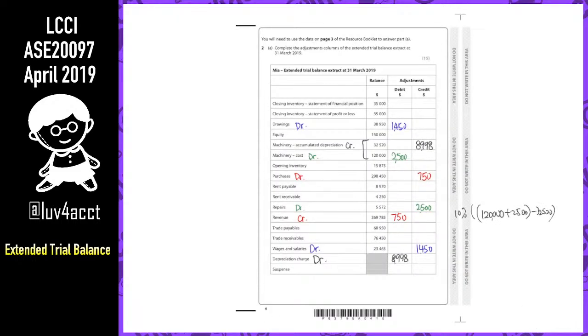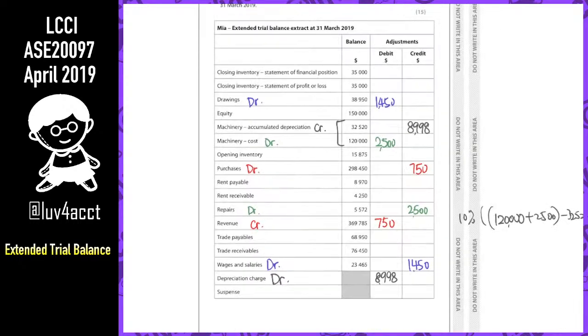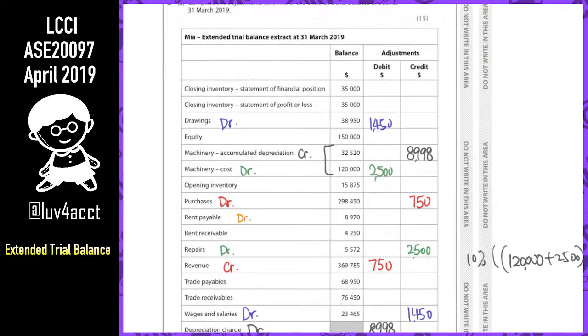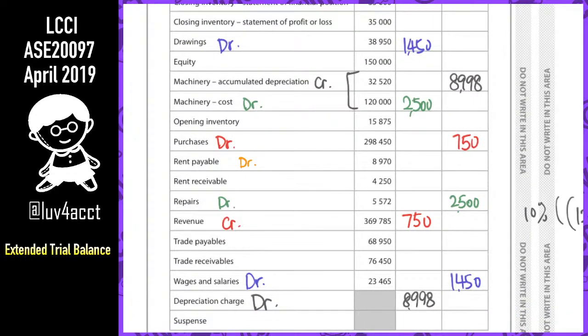Let us go to the rent payable, debit side and expense, and rent receivable, credit side and income. So take the incorrect amount from the wrong account first.